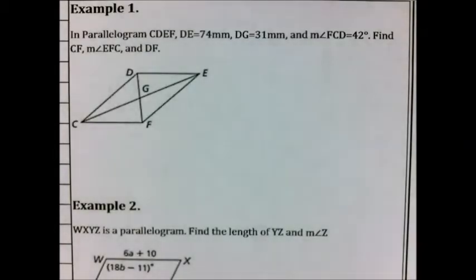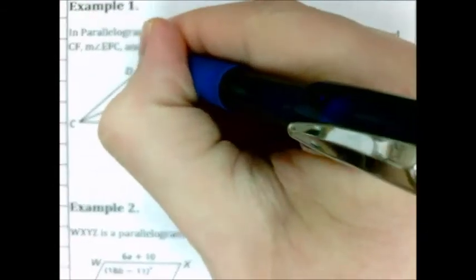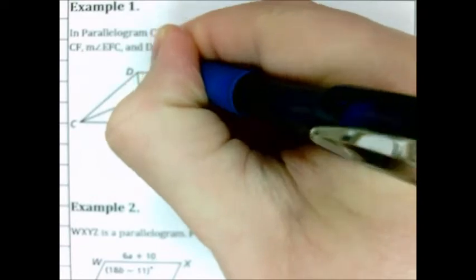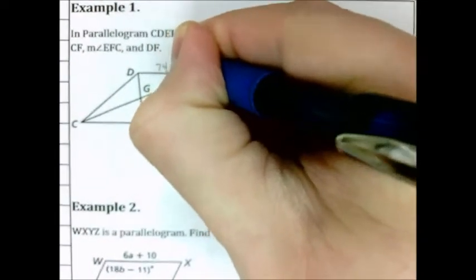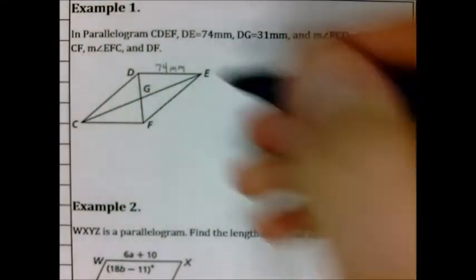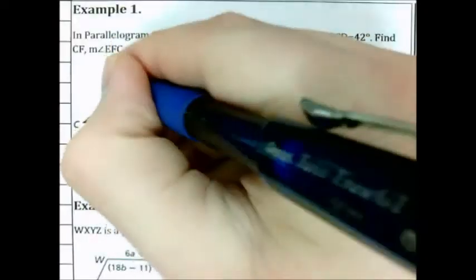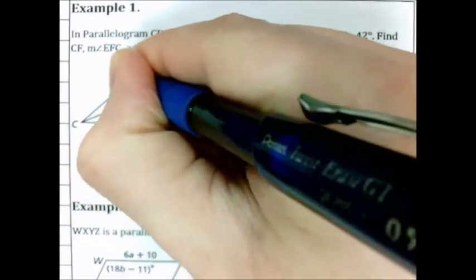Example 1 says that in parallelogram CDEF, we've got line DE is 74 millimeters. Remember, our first step in the key concept said to label these sides if they weren't already. So DE is 74 millimeters. DG, this short little section right here, is 31 millimeters.